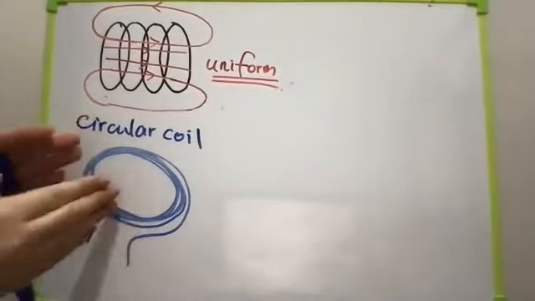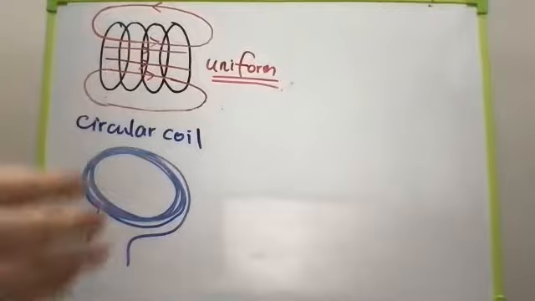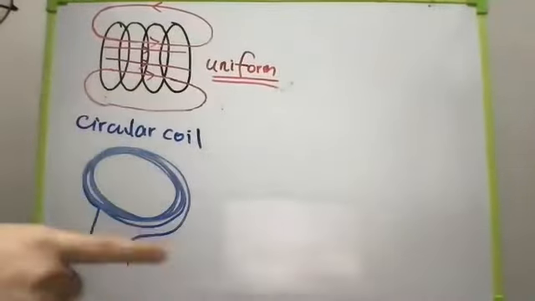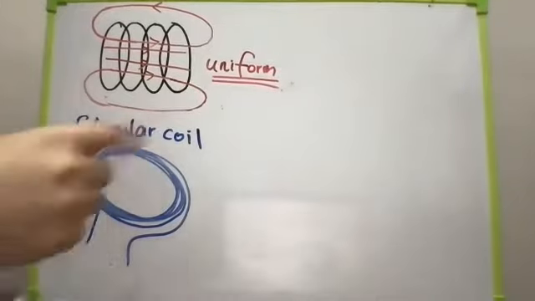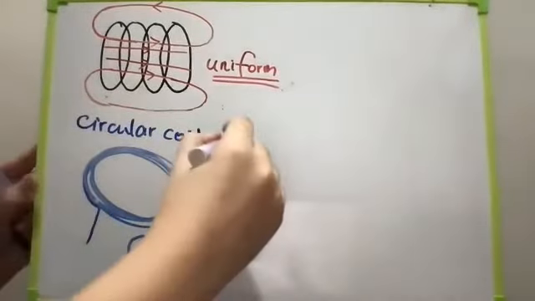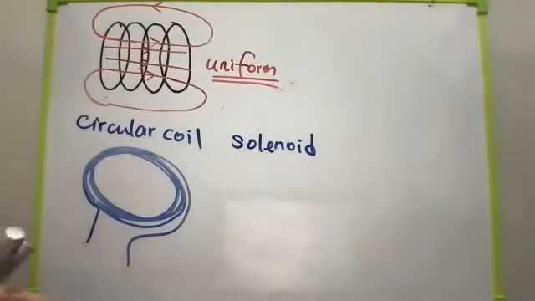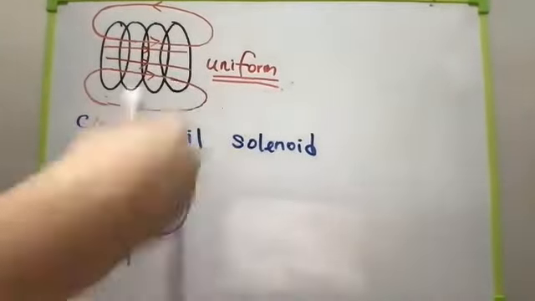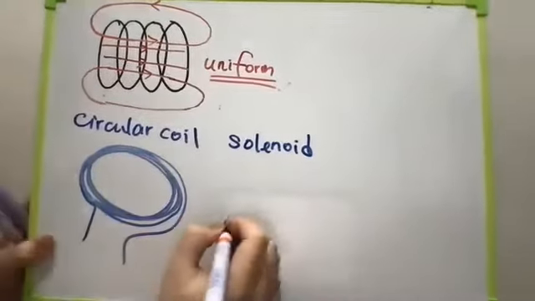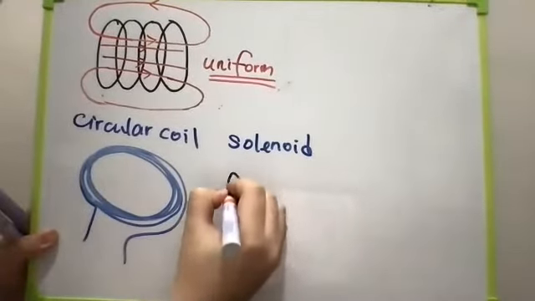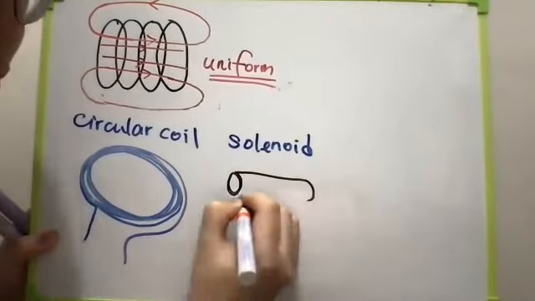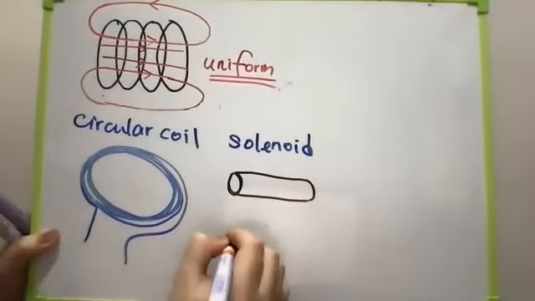If you take this, it is actually flat. It's like I take a wire and coil it, so it's flat. This is a circular coil. A solenoid, on the other hand, is different. For a solenoid, I coil it like this. Usually I put something in the middle, like this, and then I coil it.